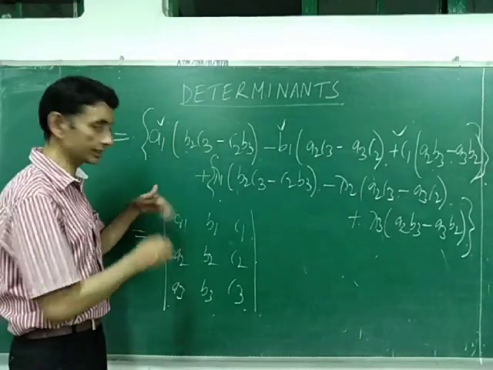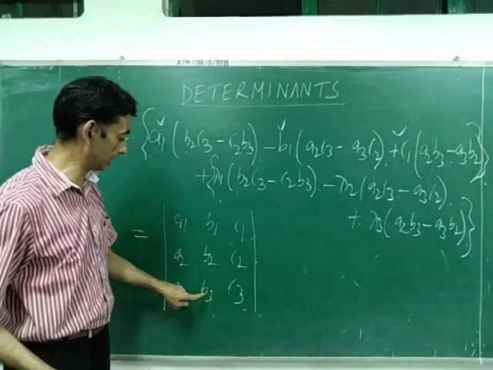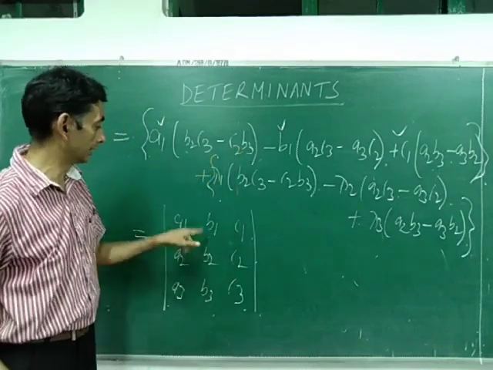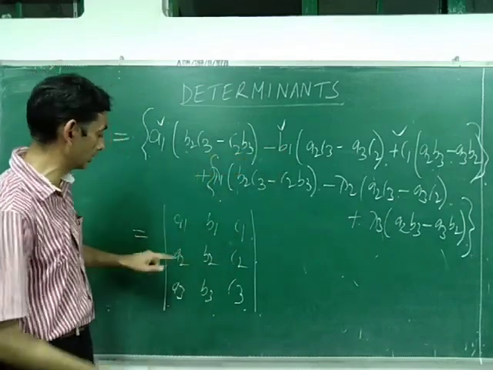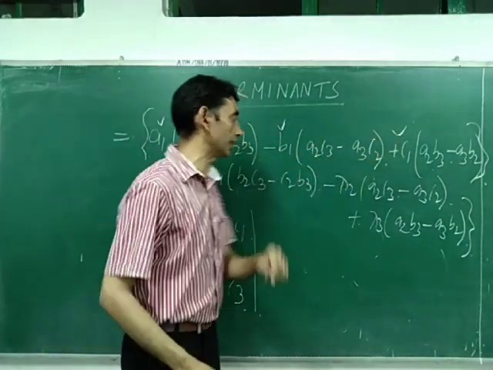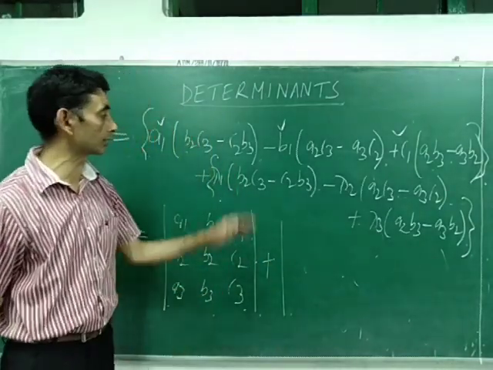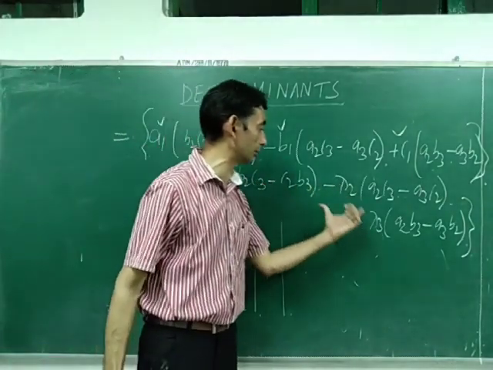You can check: if you take A1, you multiply B2 C3 minus B3 C2. Then it's minus B1, obviously A2 C3 minus A3 C2. Similarly, you can explain the third term, and similarly the remaining terms involving lambda 1, lambda 2 and lambda 3.